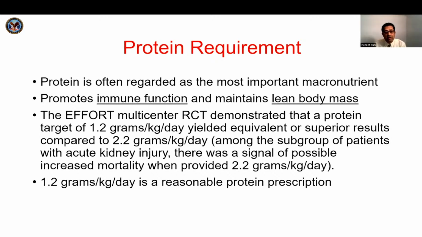Among the subgroup of patients with acute kidney injury, there was also a signal for possible increased mortality when providing higher protein of 2.2 grams, although it was not significant, only a trend.